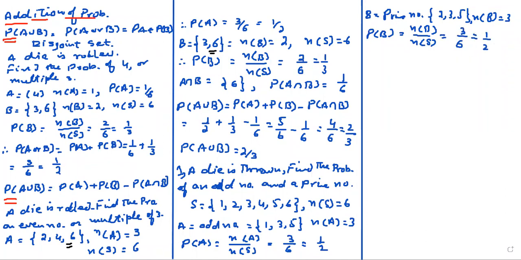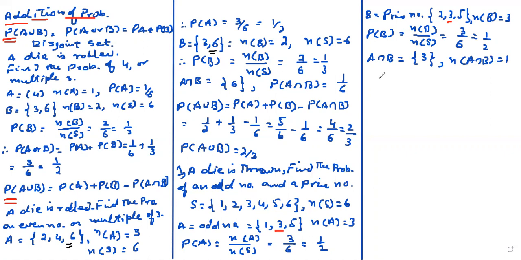Now we can see that this 3 is common to both. So if we take the addition of probabilities, this will be added twice, and we have to subtract it once. So we have to take their common elements.